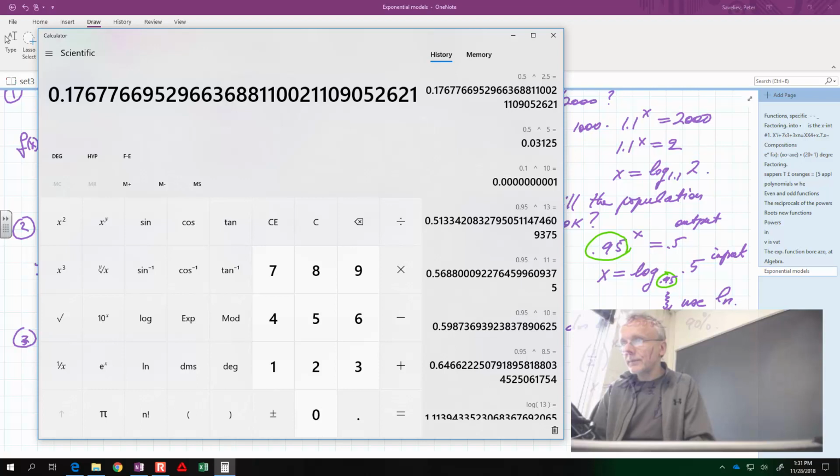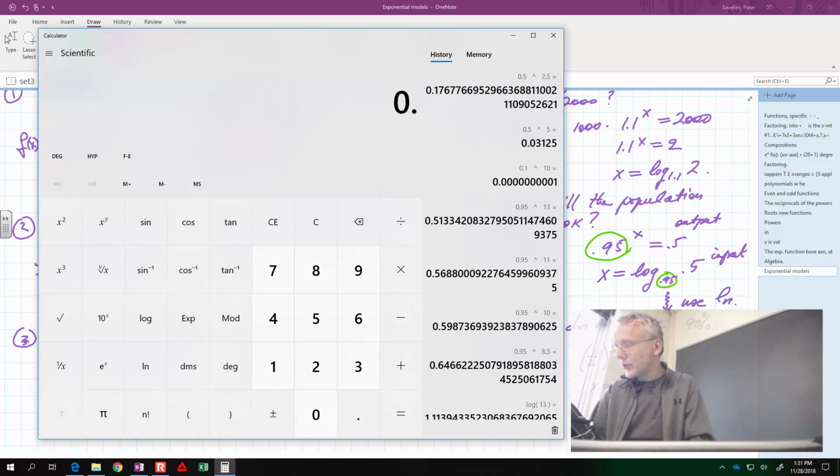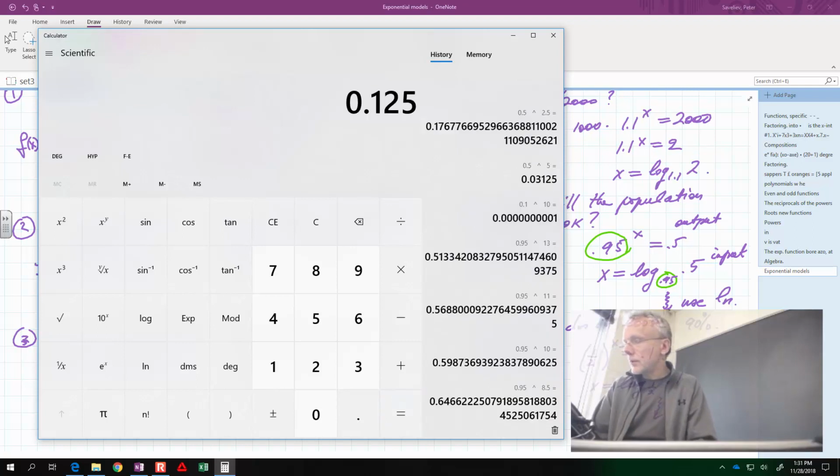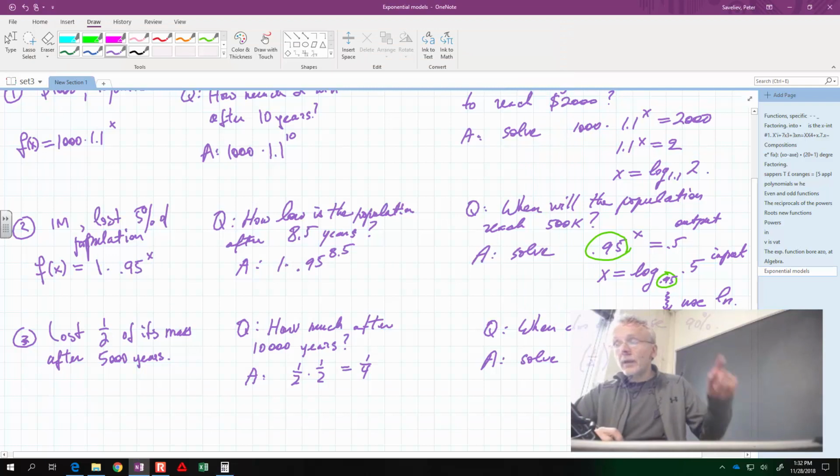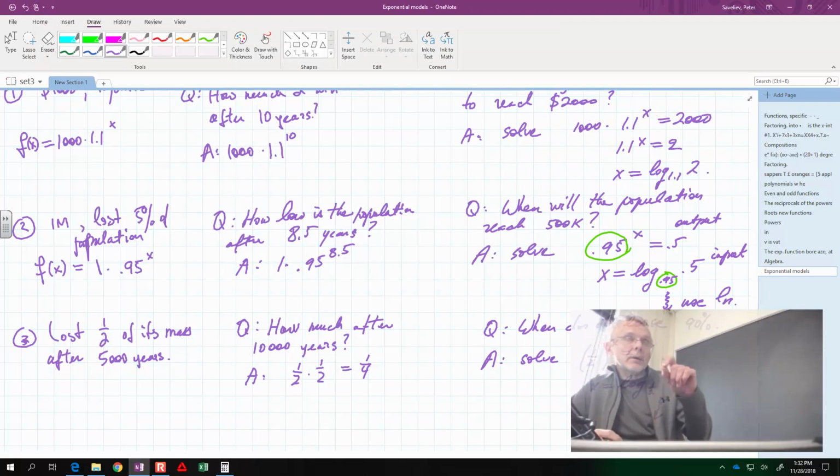Not enough. So 3 is too much. Well, 3 is close, so it's just about 3. So in other words, it will take 3 of what? 5,000 times 3. So it will take 15,000 years for the amount and the danger of this radioactive element to reach 10%. So imagine that if it requires 1%, then that will take even longer than that.